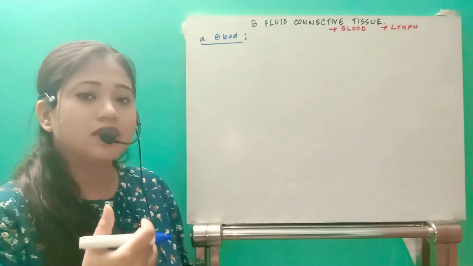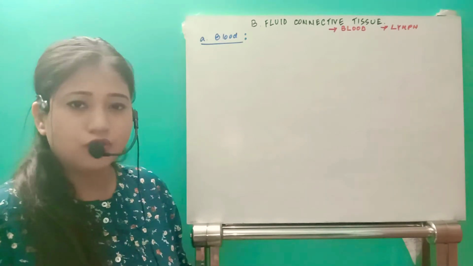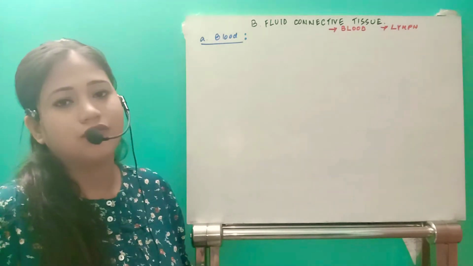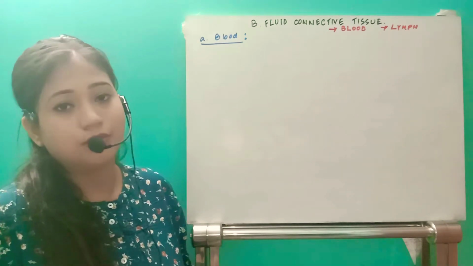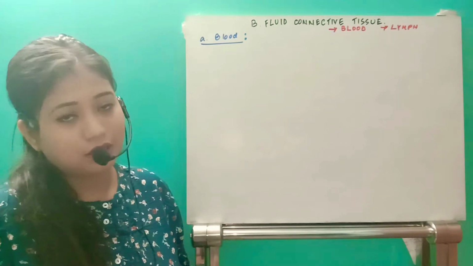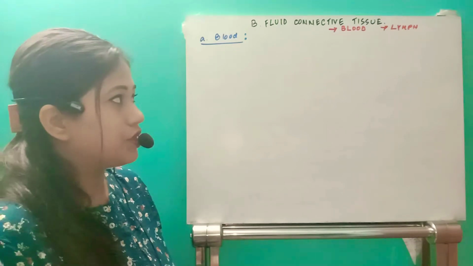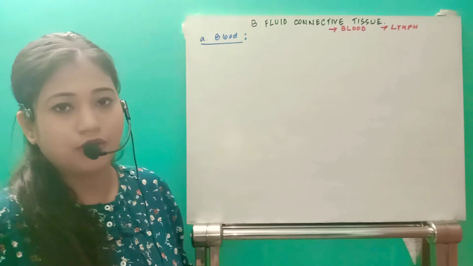From the blood vessel, some amount of blood can squeeze out and form the tissue fluid that later on will convert into lymph. And once again, the lymph will connect to the blood vascular system. So we will come to that part whenever we proceed to lymph. First of all, let's see some introductory points about the blood.